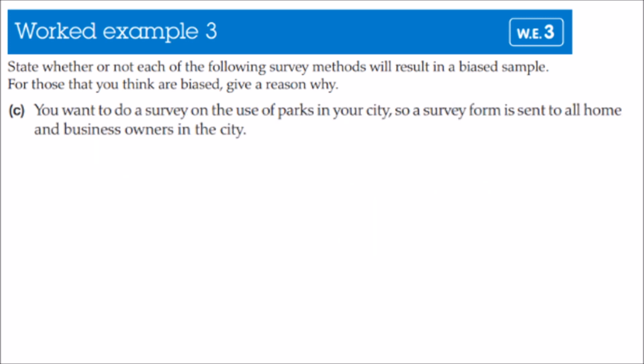Let's look at the next sample. You want to survey on the use of parks in your city. So a survey form is sent to all the homes and businesses around the city. Do you think this is biased?